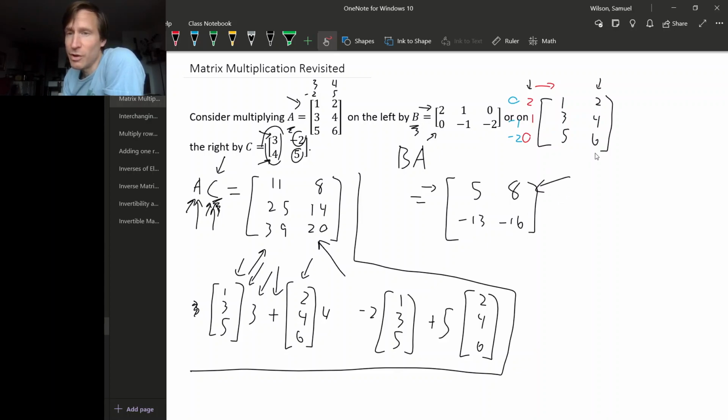Okay, so this first row of B times the rows of the matrix A. The first entry in the first row of B is 2, times the first row of A, so that's 1 and 2, plus the second entry from the first row of B, which is 1, times the second row of A, so 3 and 4, and then the third entry of the first row of B, 0, times the third row, 5, 6.